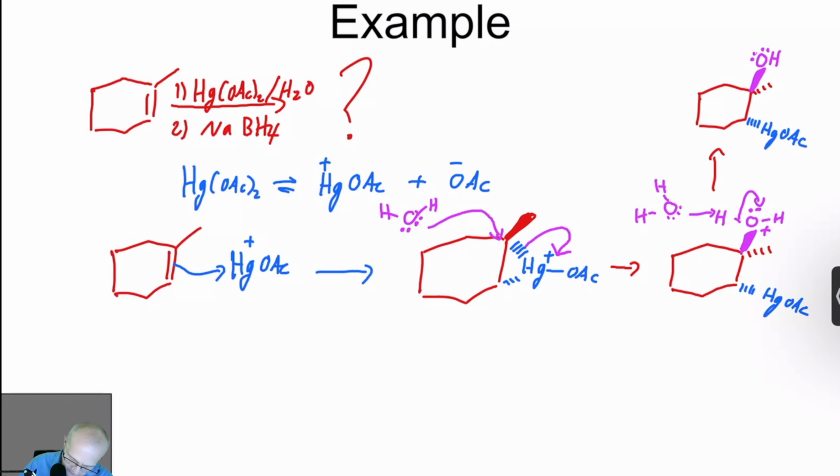And now, finally, we add the sodium borohydride. And that will replace the mercury with a proton. And that will give us our desired alcohol. Just like that. So that's how that mechanism would work.